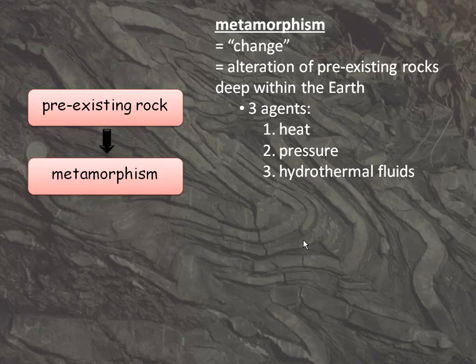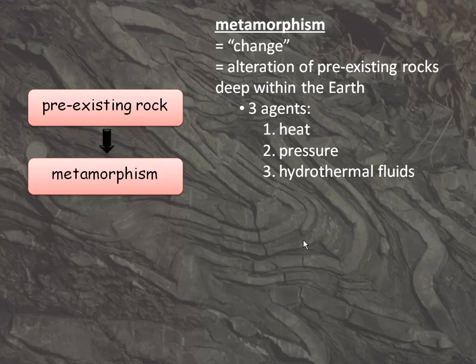There's three things that are going to help us out with that process of metamorphism. One is heat. It's a lot easier to alter the rock if we can heat it up, soften it a little bit, and allow those minerals to kind of move around or change. Pressure also helps with changing our rock. And then the third agent of metamorphism is hydrothermal fluids.